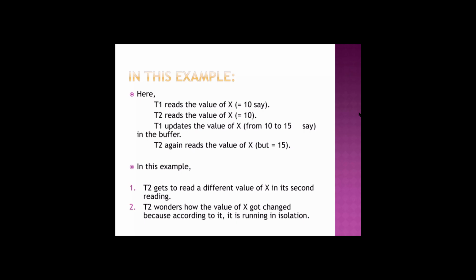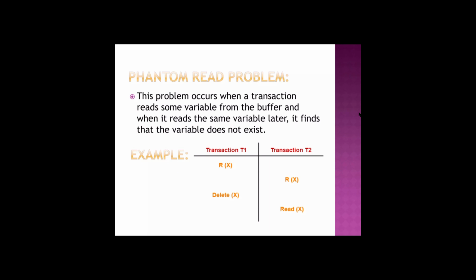Next, the major part of this video, the phantom read problem. This problem occurs when a transaction reads some variable from the buffer, and when it reads the same variable later, it finds that the variable does not exist. Example again, there are two transactions T1 and T2.